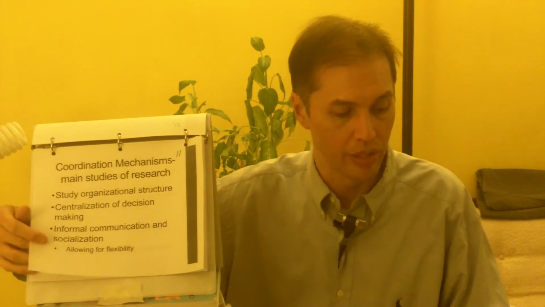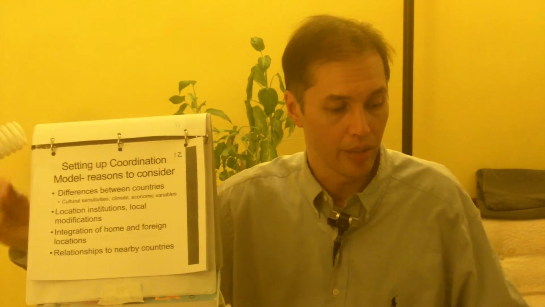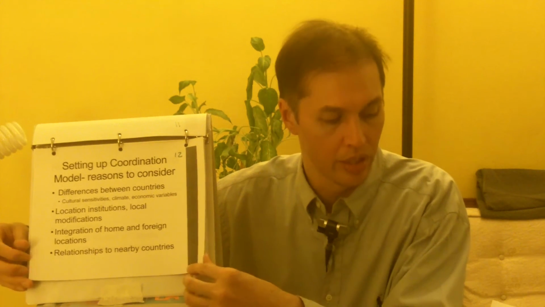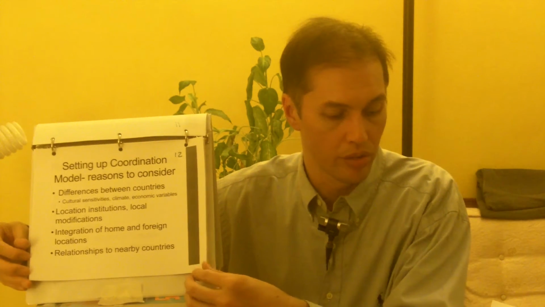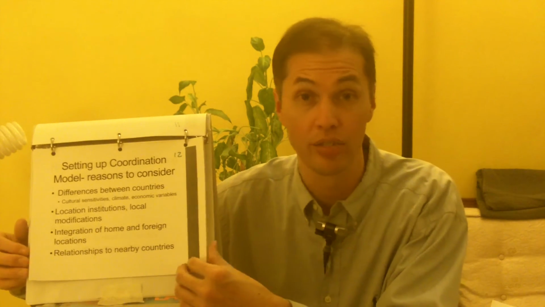The research, the studies, again, they talked about the organization structure. They talked about the centralization, the need, how effective and how efficient they were, allowing for flexibility. When you're dealing with different companies, then flexibility is going to become an issue. You can't just work like robots. So when they talked about setting up this model, they identified the differences, and then they also took a look at the locations and also the relationships with nearby countries.